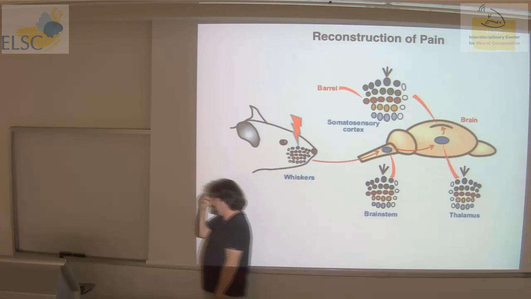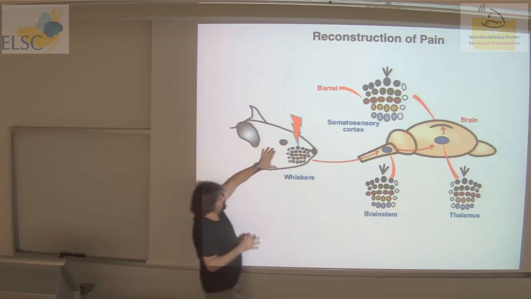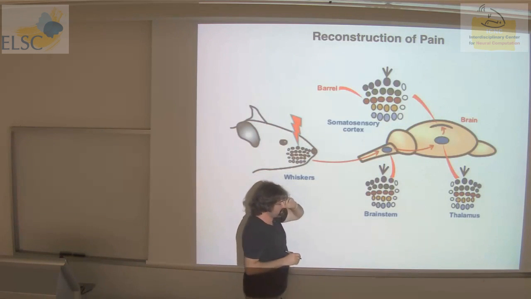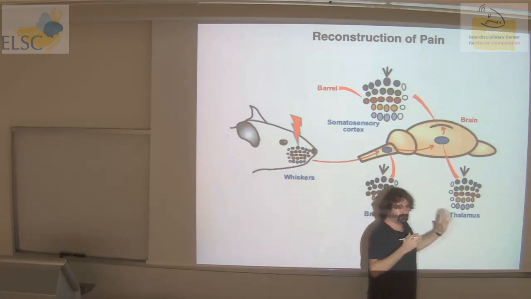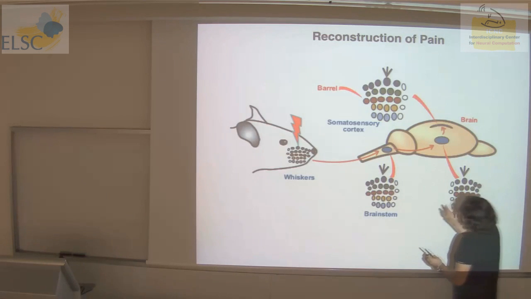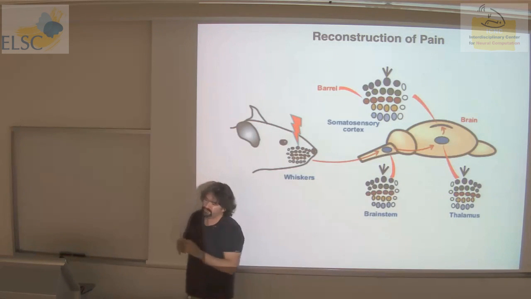So my idea, when I looked at the system, or my hope was that maybe this... sorry, what I forgot to say is that this whisker barrel system conveys mechanosensitive information about whisker deflection. And this mapping basically allows the rodent to do amazing things.